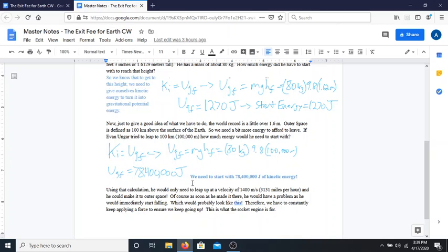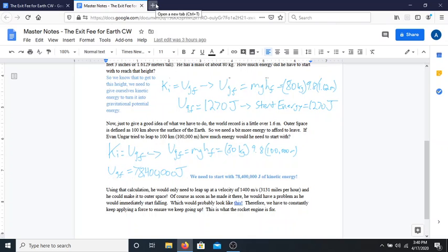Now, with that calculation, I worked backwards and I actually used the kinetic energy formula to find the velocity. You're welcome to check it if you want. Basically, I did it for you. If he was going to do that, he would have to leap up. His launch velocity would have to be 1,400 meters per second, which, hey, that doesn't sound like that much until you convert that to miles per hour, and that is 3,131 miles per hour.